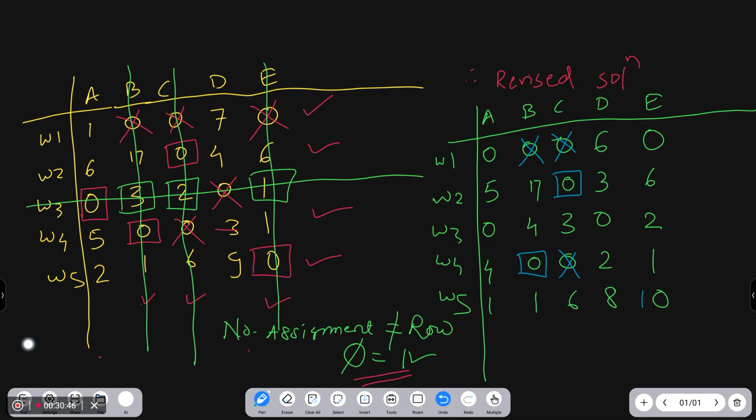In this there is a one. Again cross this one. Now you have to follow by assignment. Two zeros not possible. Here there is already no assignable cell. Here only one is assignable, right? So you have to cross this one, and is there any one more? No. Then again you have to go row wise.